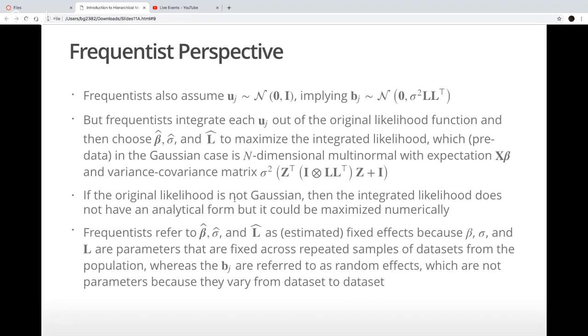The reason why, and it overlaps with another thing which causes a lot of confusion, is the frequentist tendency to refer to the estimates of beta and whatnot as fixed effects, because they're thinking of beta, sigma, L, etc. as being fixed across repeated samplings of data from this population.